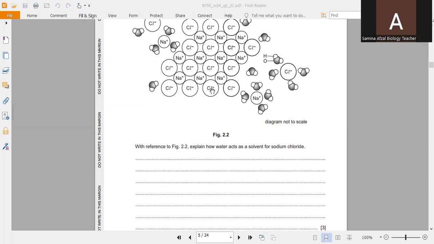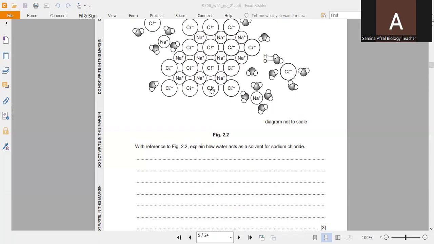Oxygen has a partially negative charge, whereas the hydrogen has a partially positive charge, slightly positive. They show the polarity.